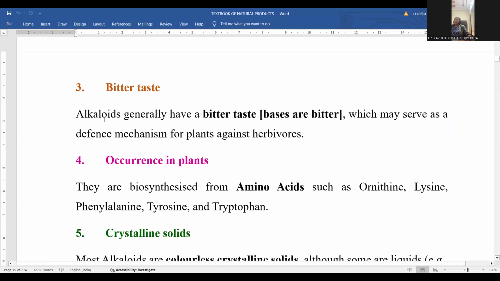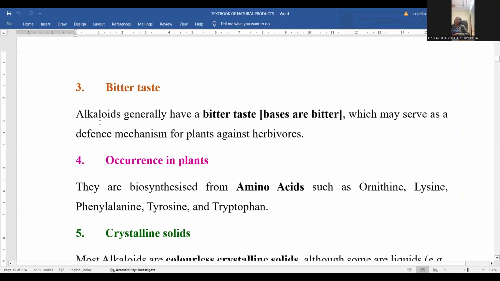Here, what will the existence of alkaloids do? The bitter taste will inhibit herbivorous animals. Herbivores are nothing but the animals which feed only upon plant material. If this is bitter in taste, it is not pleasant for them to eat the leaves, fruits, and flowers of these alkaloid enriched plants, so they are able to defend and protect themselves.